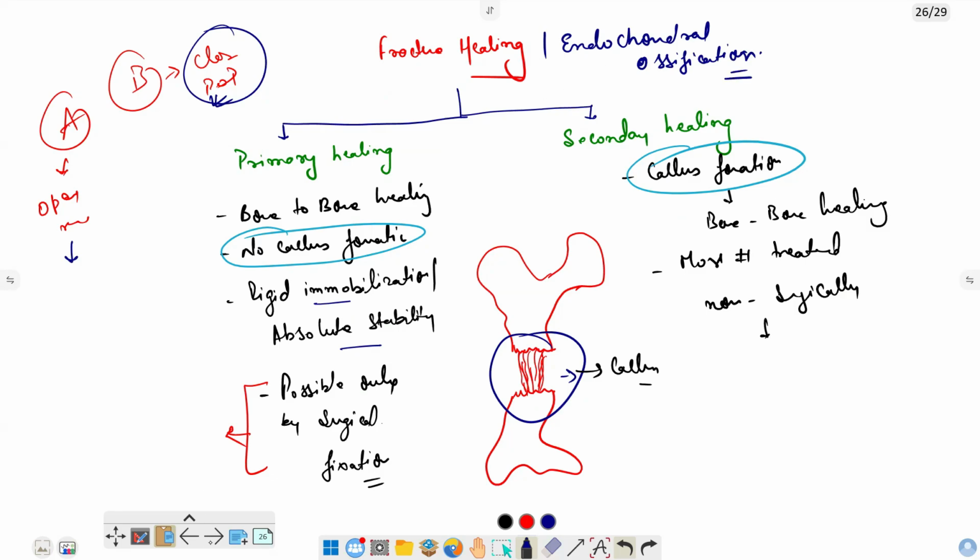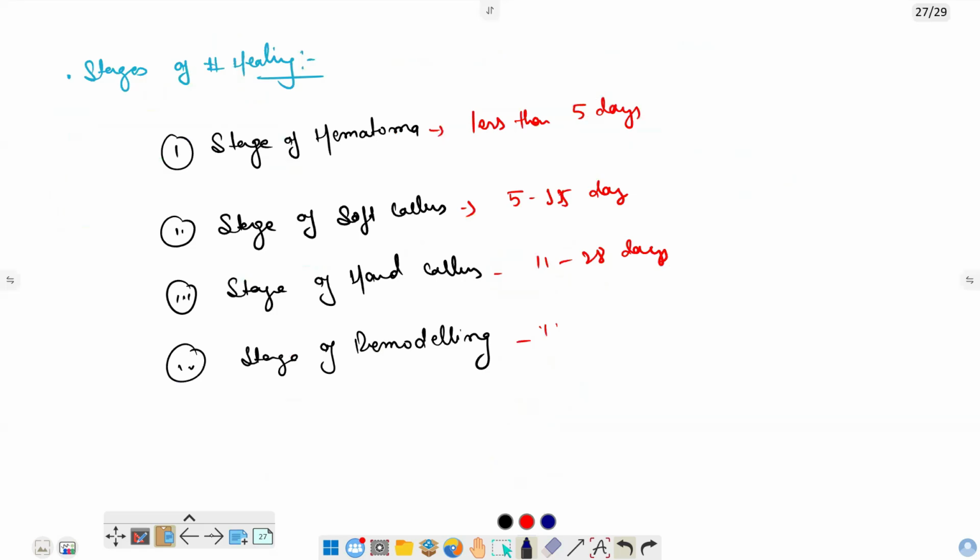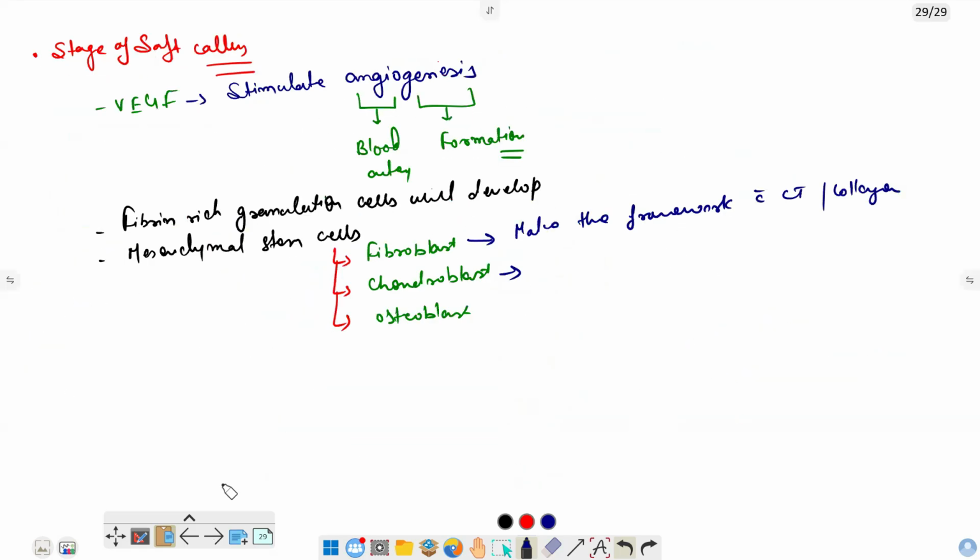Okay, so what's the major action of the chondroblast? This chondroblast will be responsible for creating the cartilage. Initially, the fibroblast will make the framework with the collagen fiber. Then it will be replaced by the cartilaginous structure, as we have studied that the callus is a fibrocartilaginous structure. It means the callus will contain both the fiber as well as the cartilage.